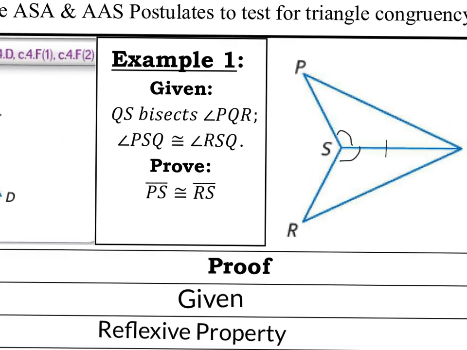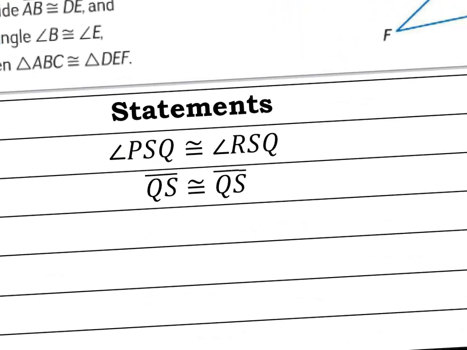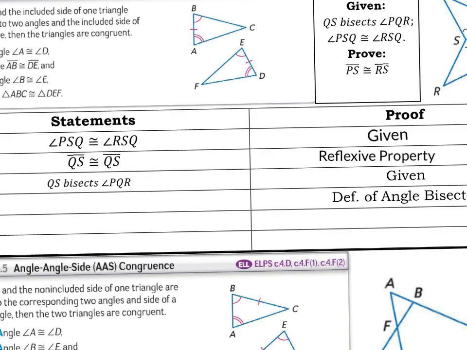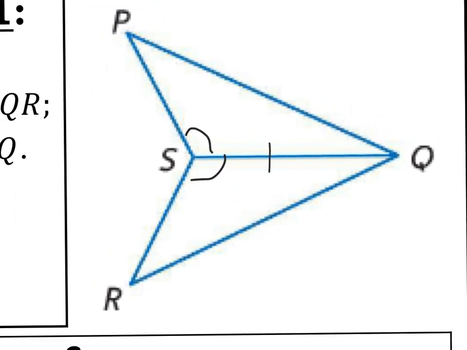Well, we'll use that other given statement of QS bisecting angle PQR next. So I'm going to put that right underneath here. So here I have QS bisects angle PQR, and that's given. And what does that help prove? Well, remember, anytime you bisect an angle, you are essentially cutting it in half.